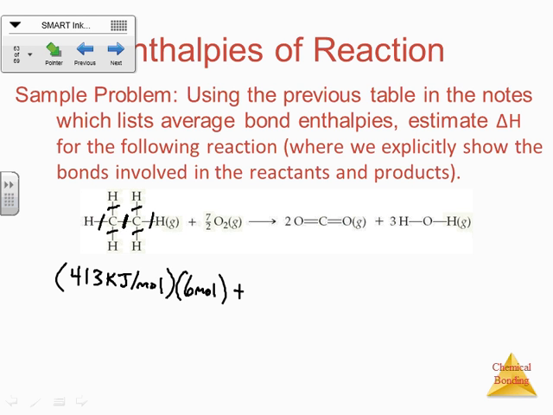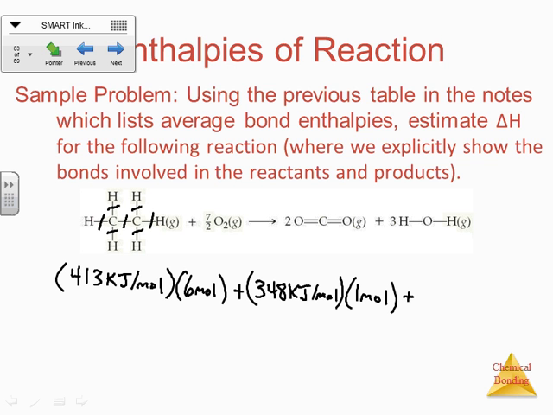Carbon-carbon. We need to break the carbons apart, right? So how much energy does it take to break a carbon-carbon bond? 348, okay? 348, and there's only one of those. So you can say kilojoules per mole times 1 mole if you want to. Don't necessarily have to do that.